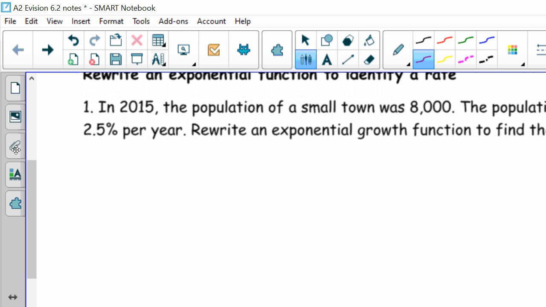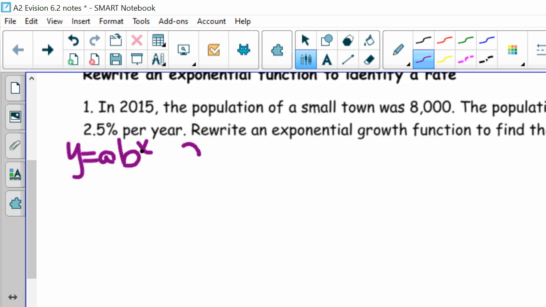The problem says in 2015, the population of a small town was 8,000. The population is increasing at a rate of 2.5% per year. Rewrite an exponential growth function to find the monthly growth rate. Let's recall from yesterday, an exponential function looks like y equals a times b to the x power.